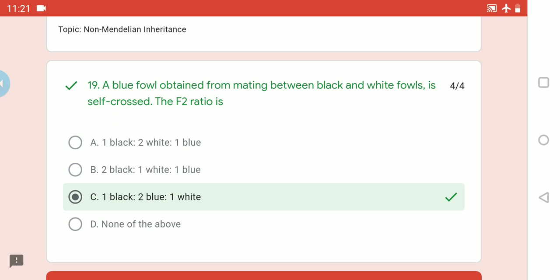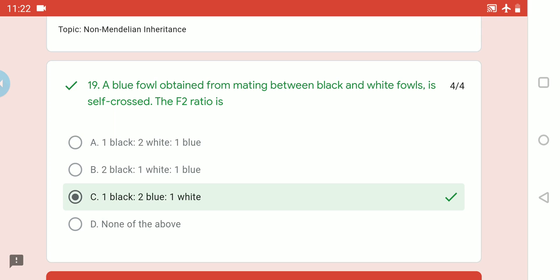So there are 3 possibilities, blue, and black, and another one is white. That means 3 phenotypes are present. The blue foal obtained from mating between black and white foals is self-crossed actually.